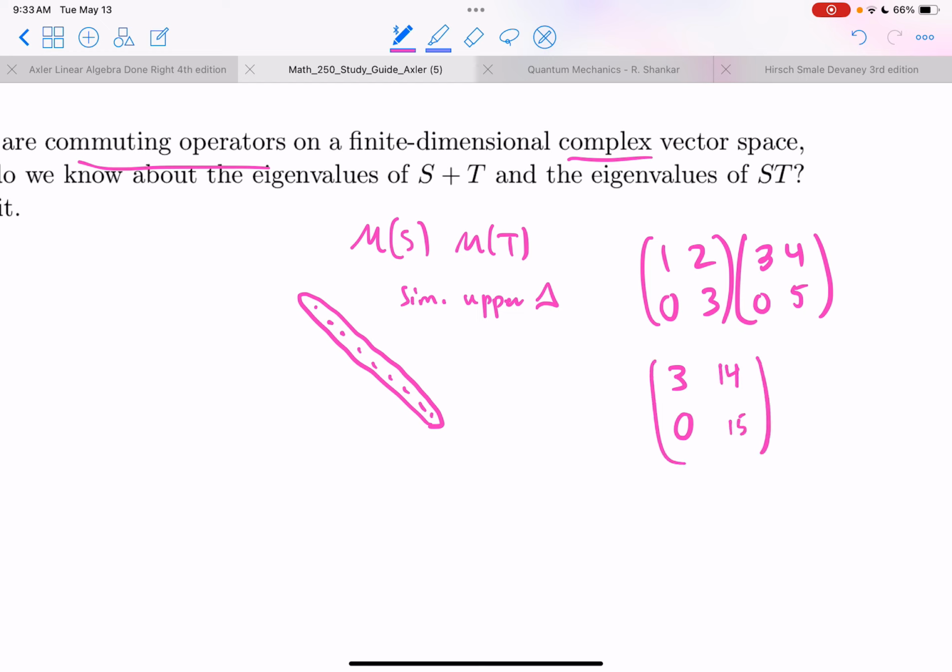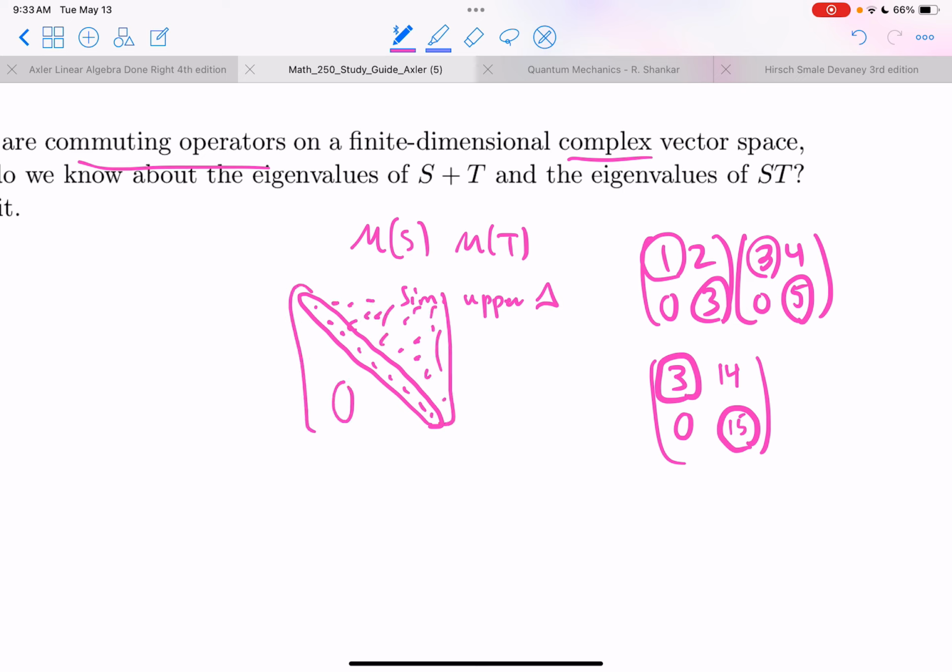And what you see is that this 3 is just 1 times 3. This 15 is just 3 times 5. And so because we can simultaneously upper triangularize our matrices, when you multiply the operators, the eigenvalues will just multiply on the diagonal, just because of how matrix multiplication works.